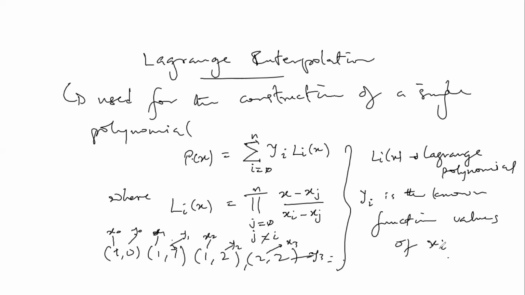And now you will also note that the Lagrange interpolation does not require the computation of systems of equations, because what we derive here, P of x, is usually a single polynomial, just a single equation, okay? So since we are not generating multiple equations, there's no need to solve the system of equations or simultaneous equations.